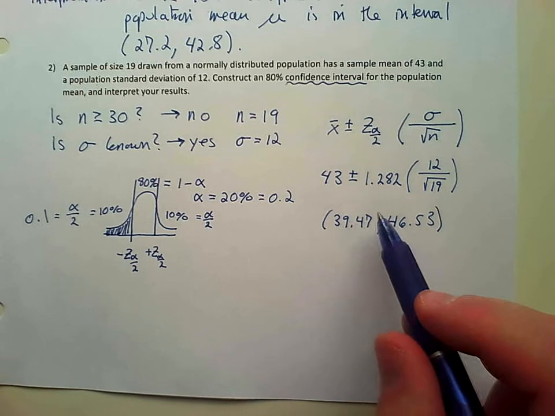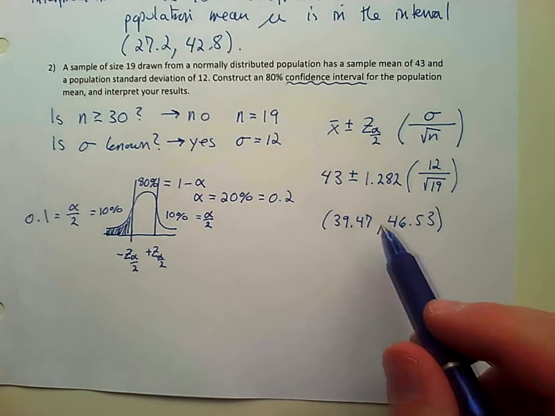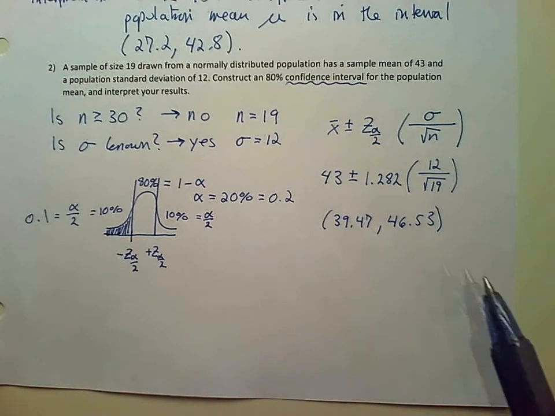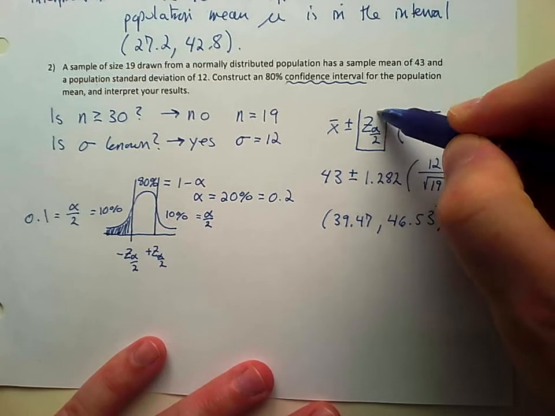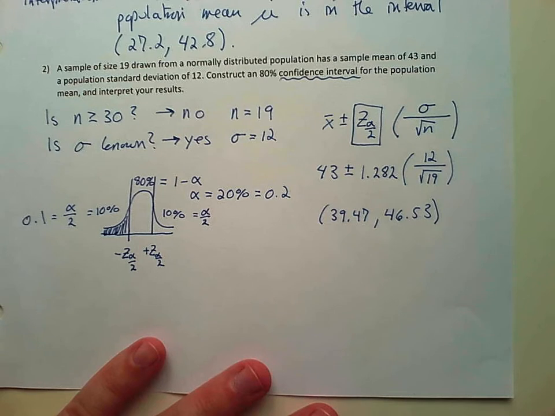For your interval, you're going to have slightly different decimals here, which, generally speaking, is no big deal, as long as we're looking at z values.